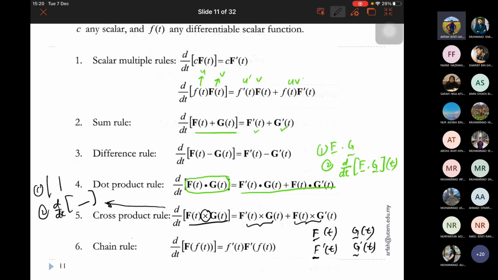Okay. And the next one, if we are using the chain rule, let's say f(t) adalah satu scalar function yang mana vektor F ni, meaning that setiap komponen i, j dan juga k in the vector function, dia punya persamaan adalah dalam persamaan f(t). Contohnya kalau f(t) sama dengan exponential 5t. So vector function tu untuk komponen i 3t equals 2, dia akan jadi 3 exponential 5t.